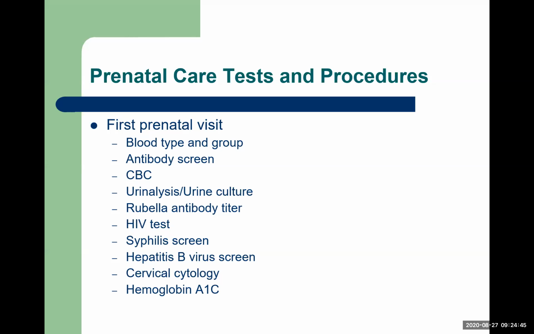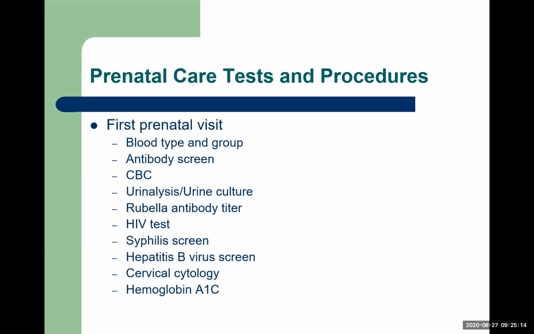The rubella antibody titer we obtain at the beginning of the pregnancy is not because we can necessarily do something about it during the current pregnancy, as we cannot vaccinate a patient with MMR since it's a live vaccine. But it's important because we can then vaccinate the patient after delivery to prevent any impact on future pregnancies.